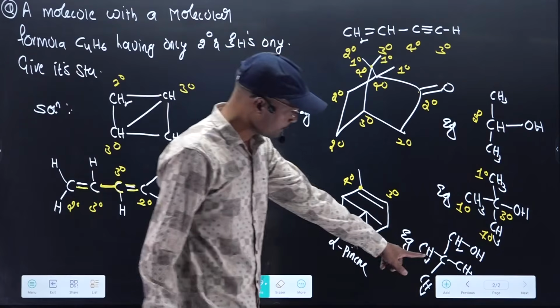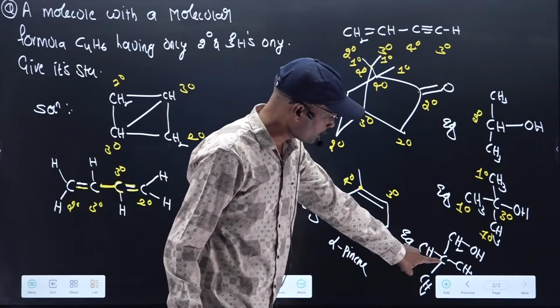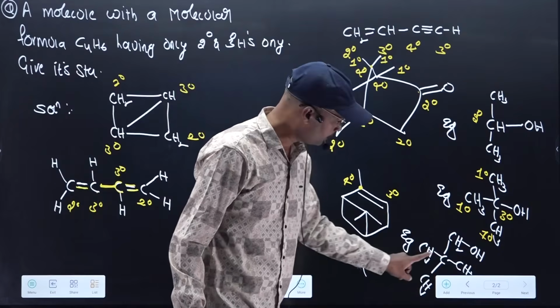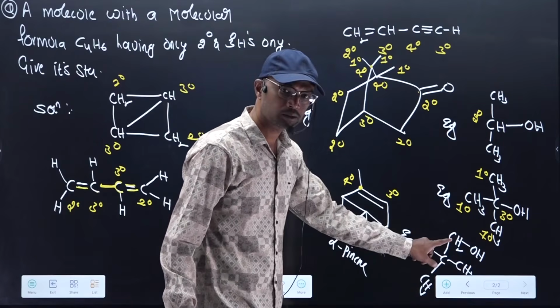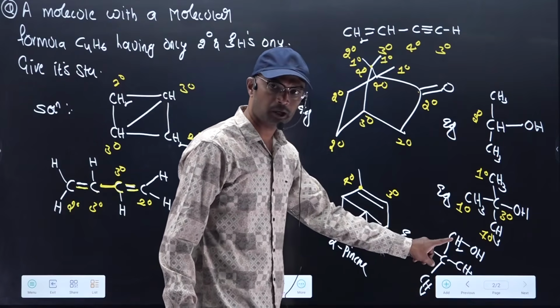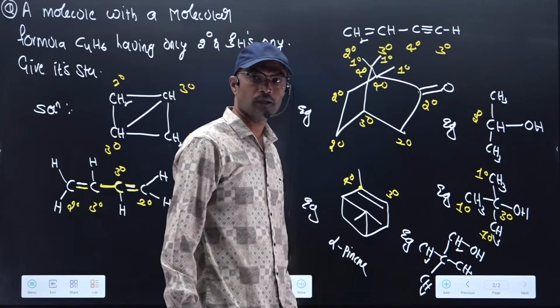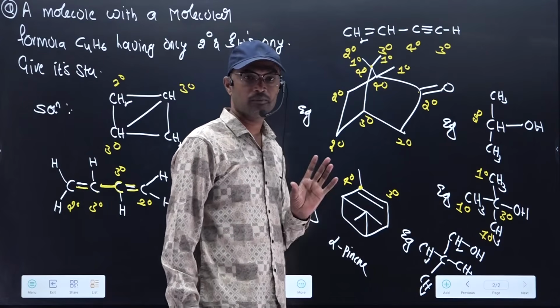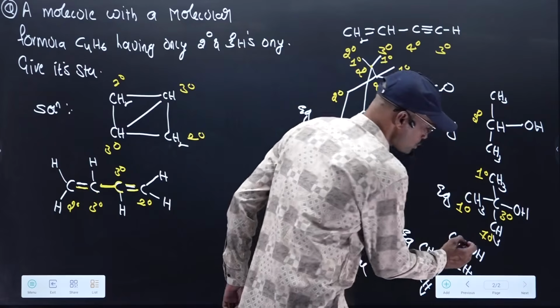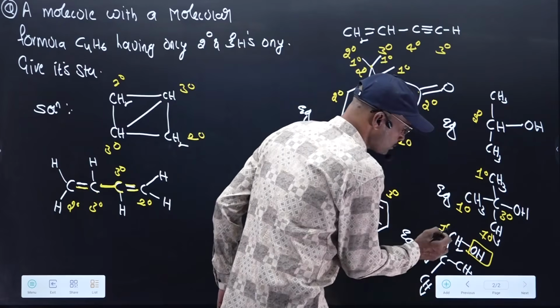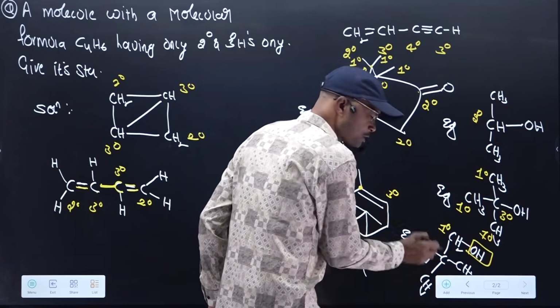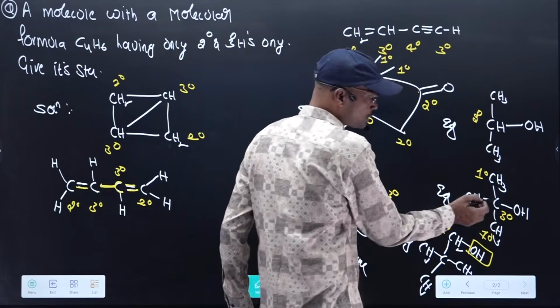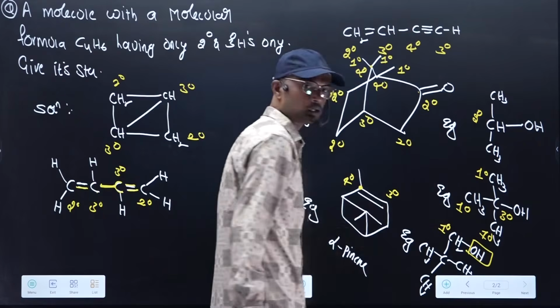What is this carbon? Quaternary. Primary, primary, primary. What is this? Primary or not? Now which alcohol is it? Primary alcohol. OH attaches to a primary carbon or not? OH attaches to a primary carbon. This is a primary alcohol. Now OH attaches to a tertiary carbon, tertiary alcohol. Like that alcohols are classified.